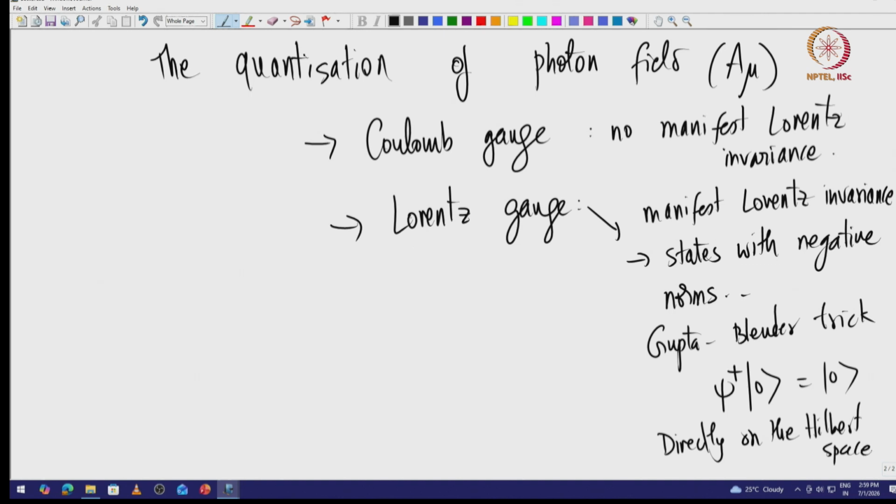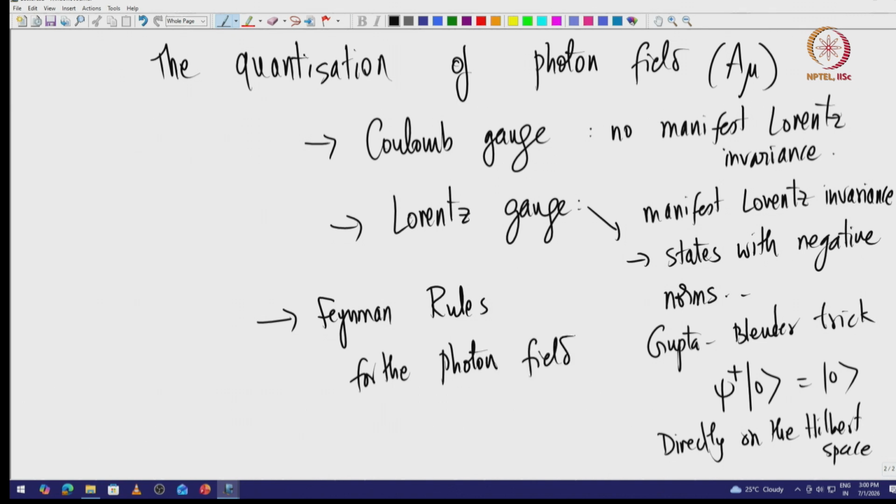So, we went through this entire detail in the last few classes essentially. So, we will now today move to studying interactions. Okay, before I go further, we also looked at Feynman rules in the Lorentz gauge and for the photon field.